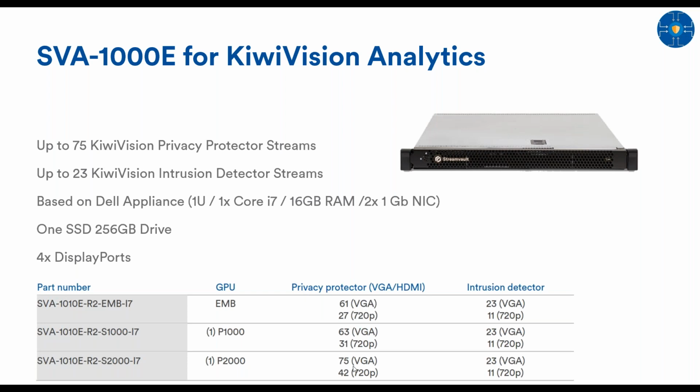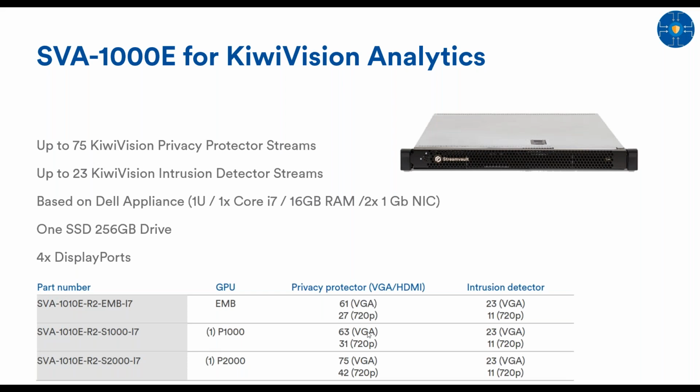If you're selling for Kiwi Analytics and want to be bulletproof for the future, you can go with the GPU card, as we will be implementing the GPU decoding for Kiwi in, I believe, the next version, or if it's not the next one, the one after that.